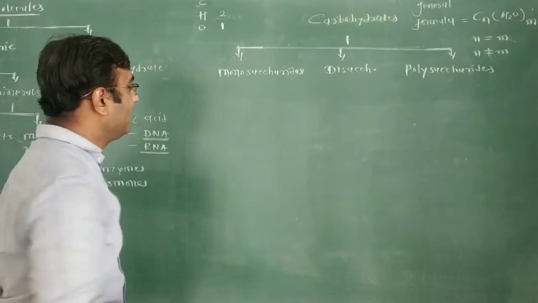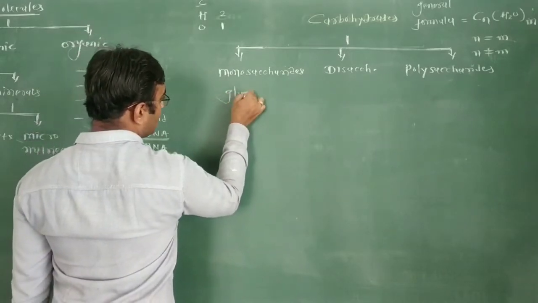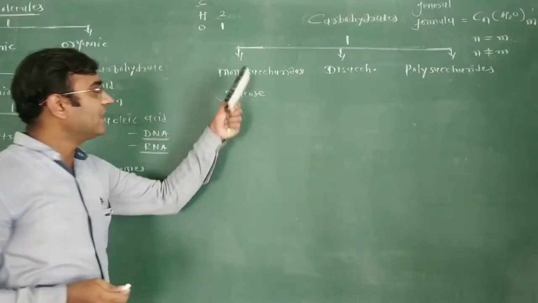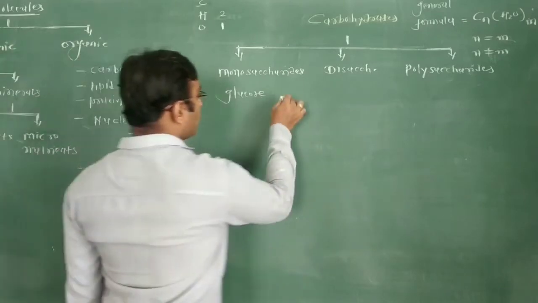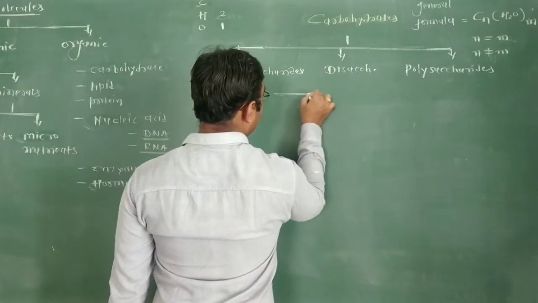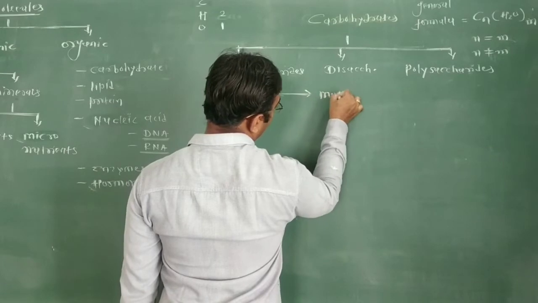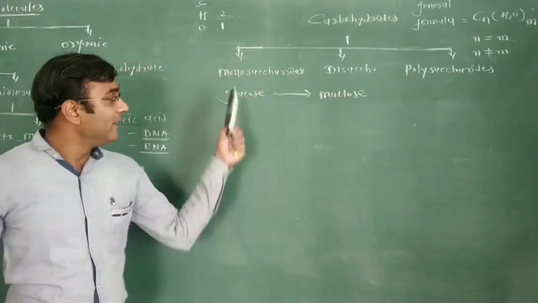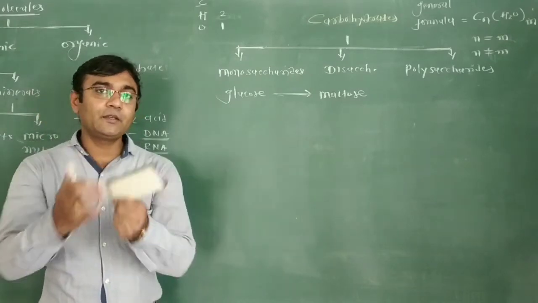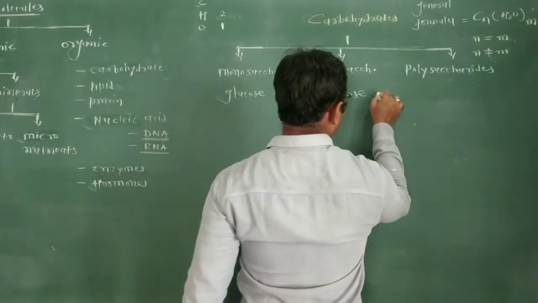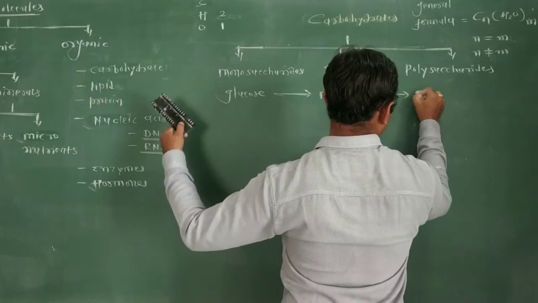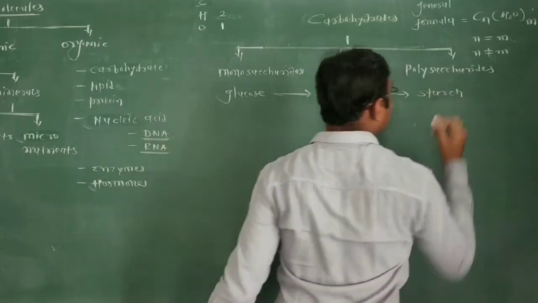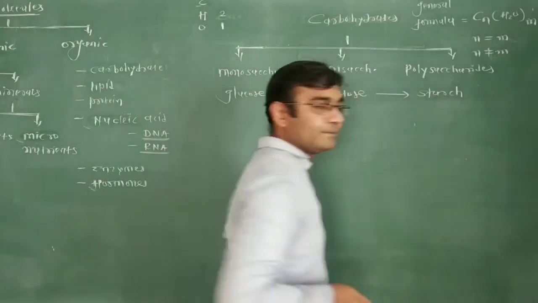We take their examples. For example, glucose is the example of monosaccharide. Two glucose joined together produce and form maltose. So maltose is the example of disaccharide. Many glucose molecules link to each other producing a polymer of monosaccharide, that is starch. So starch is the example of polysaccharide.